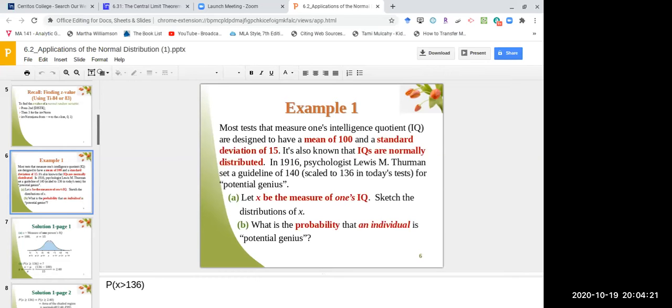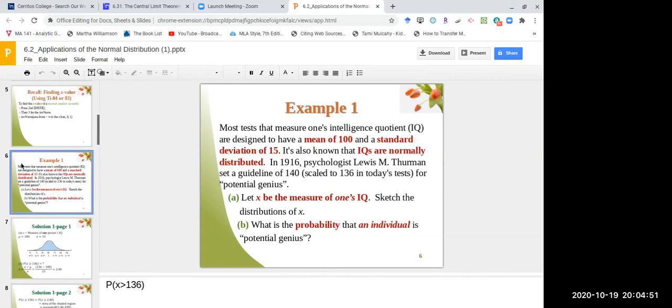It is also known that IQs are normally distributed. In 1916, psychologist Lewis M. Terman set a guideline of 140, scaled to 136 in today's test, for potential genius. Let X be the measure of one's IQ. A, sketch the distribution of X, and B, what is the probability that an individual is a potential genius?